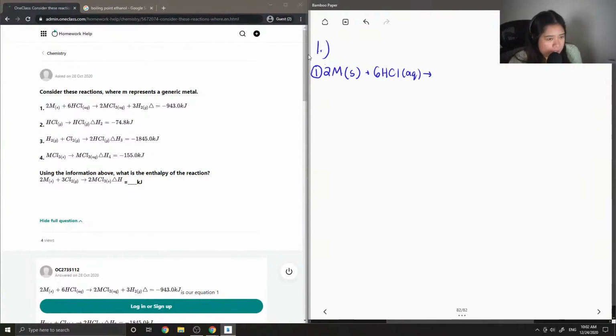We have 6HCl makes 2MCl3 plus 3H2, and the enthalpy of this reaction 1 is equal to negative 943 kilojoules.